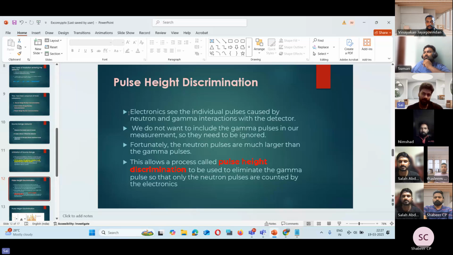We do not want to include the gamma pulses in our measurement, so they need to be ignored. Fortunately, the neutron pulses are much larger than the gamma pulses. This allows a process called pulse height discrimination to be used to eliminate the gamma pulses, so that only the neutron pulses are counted by the electronics.